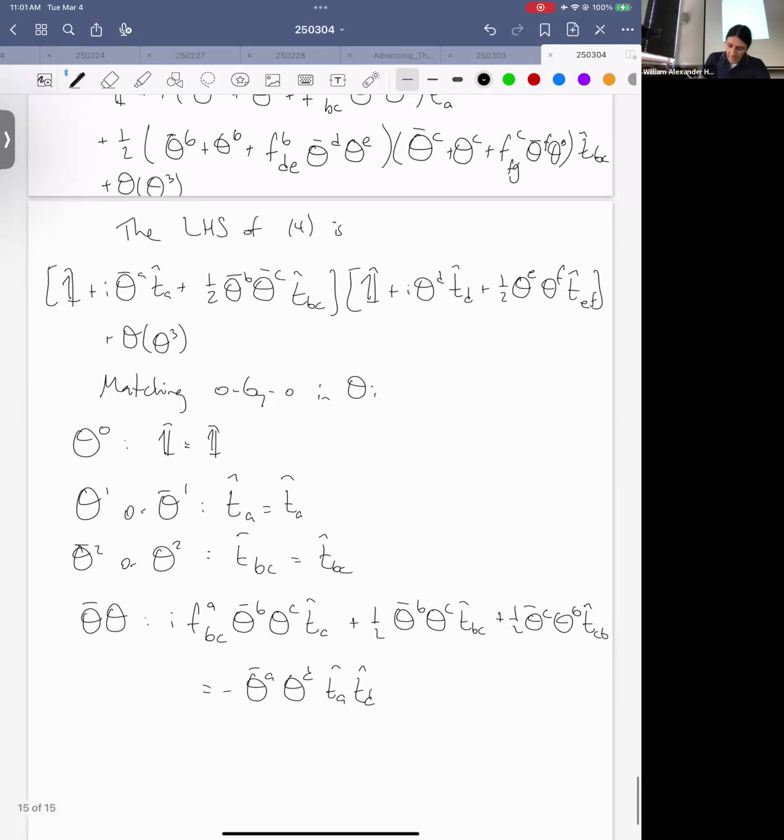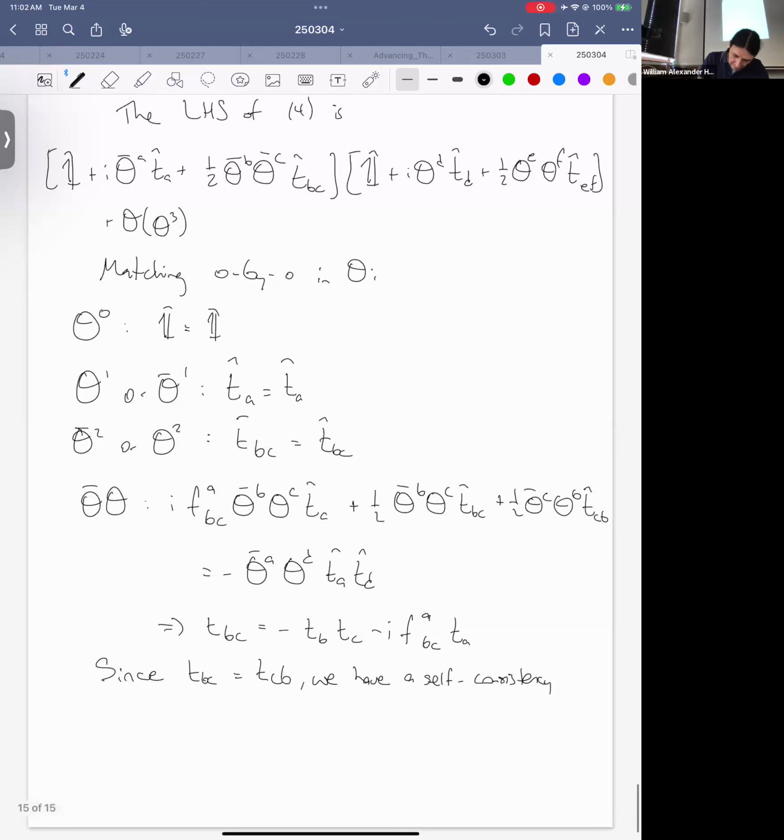Okay. I can drop all my various thetas, and this will tell me that the TBC is equal to minus TB TC, or rather minus i FABC TA. And then since TBC equals TCB self-consistently, we have a self-consistency relation.